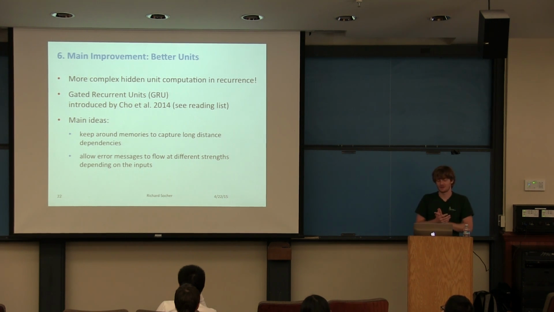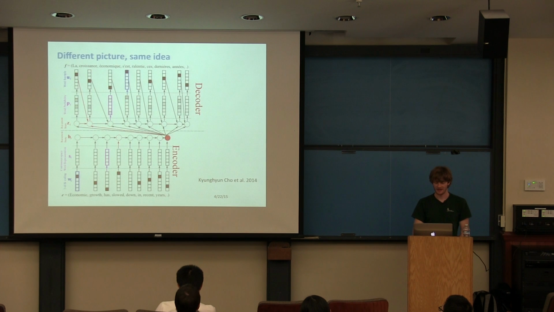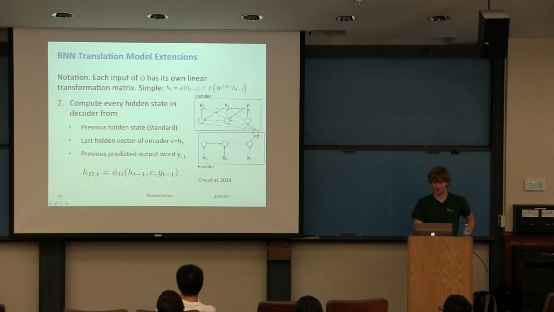The main idea of gated recurrent units is that we basically want to keep around certain memories, certain elements of the hidden vector, to capture long distance dependencies. So we don't want to have an inner product here, the matrix multiplication. This basically does change our hidden state entirely, right?